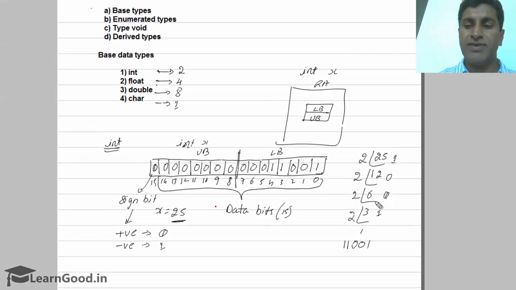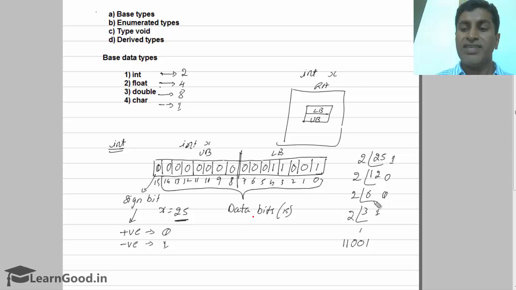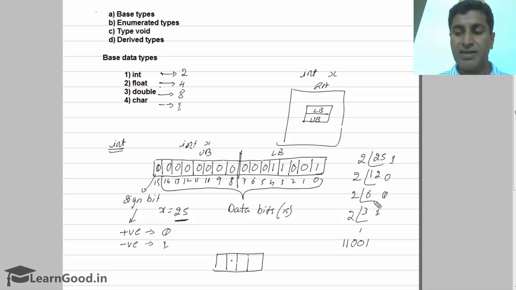Next we'll see what is the maximum value we can store in an integer, as well as the minimum value. To explain that, instead of taking 15 bits, I'll consider only 4 bits. Assume there are 4 bits, and of these 4 bits, 3 are data bits and the last one is the sign bit.